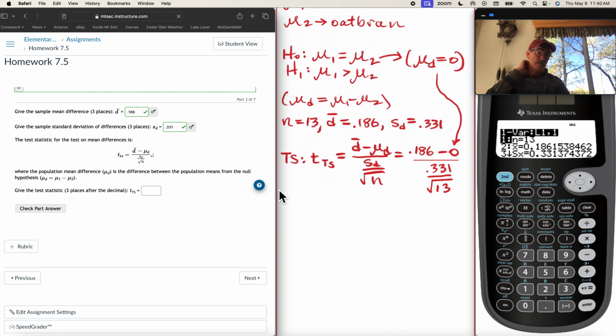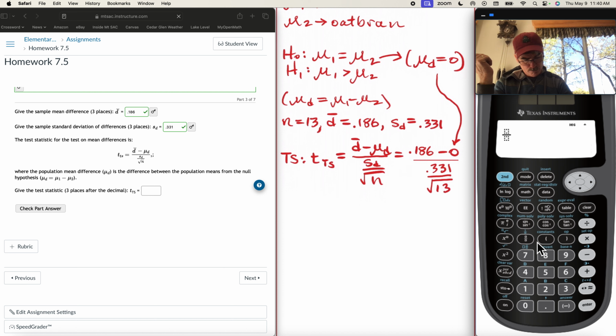Like that. Okay, so let's clear this and do the computation. Again, I don't need to type minus 0, but I'm just doing it for the looks of it right now. And 0.331 over square root of n, which is 13.